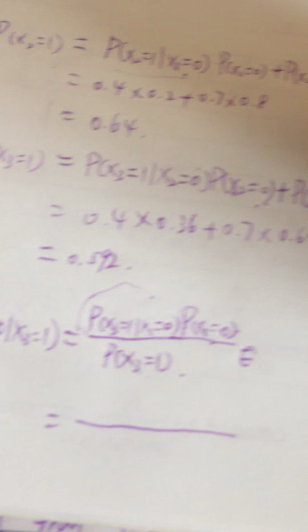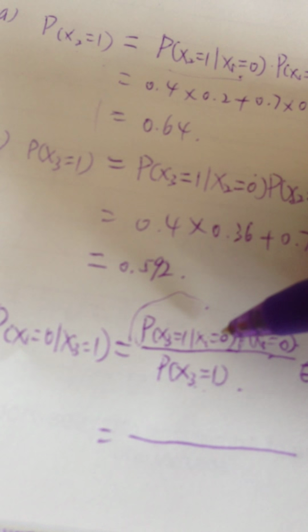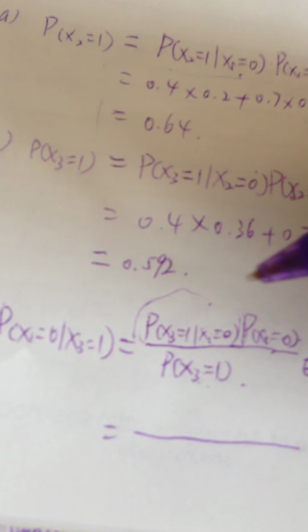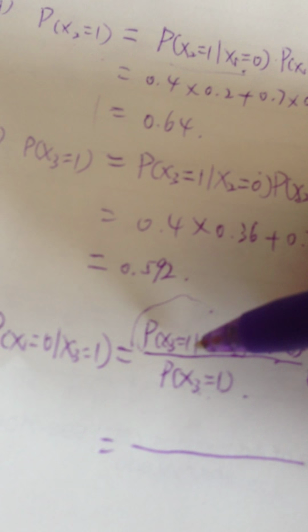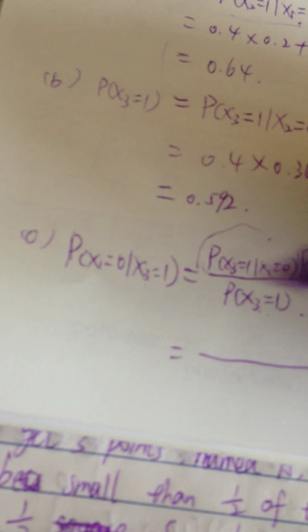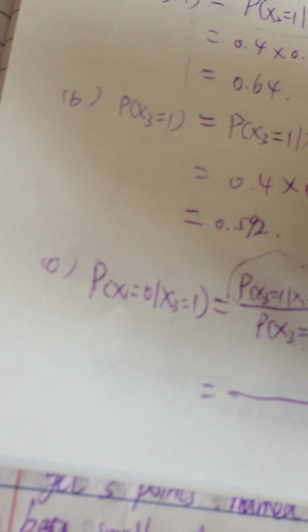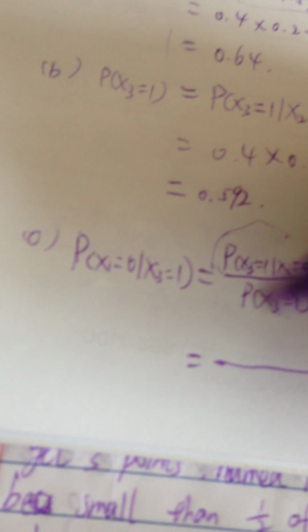That means we have known that x1 equals 0, and we can calculate the probability of x3 equals 1 like this.